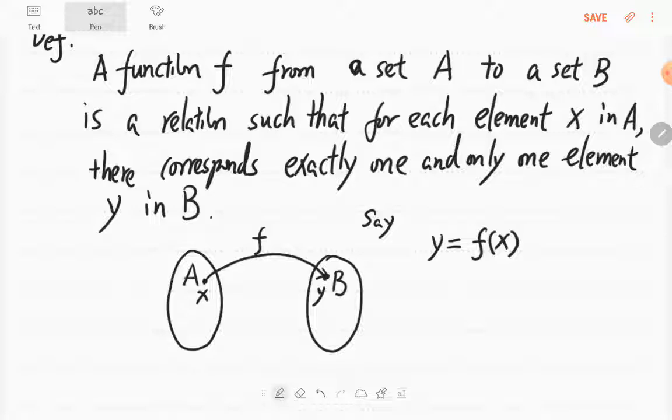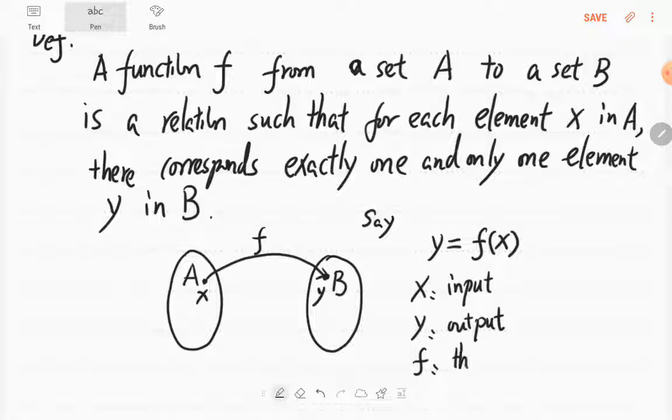This x is called the input, and the y is called the output. So we input some values, then after some process, we will get the output y. This process is called f. F is called the function name.